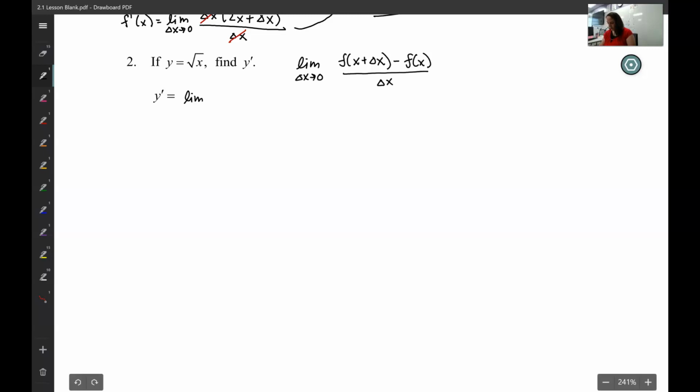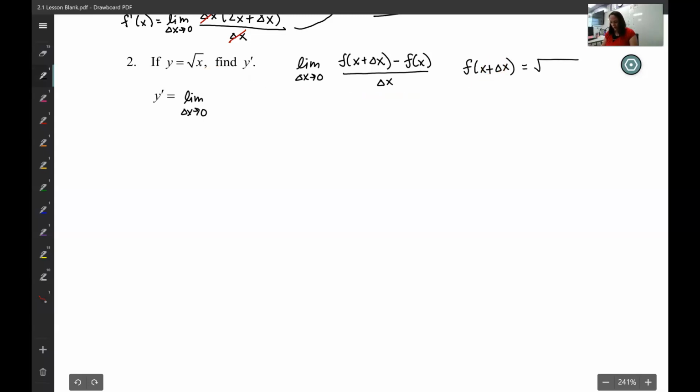Y prime, which is just another way of writing derivative, is going to be the limit as delta x goes to 0 of, let's find our f of x plus delta x. So that's just plugging this into our equation.